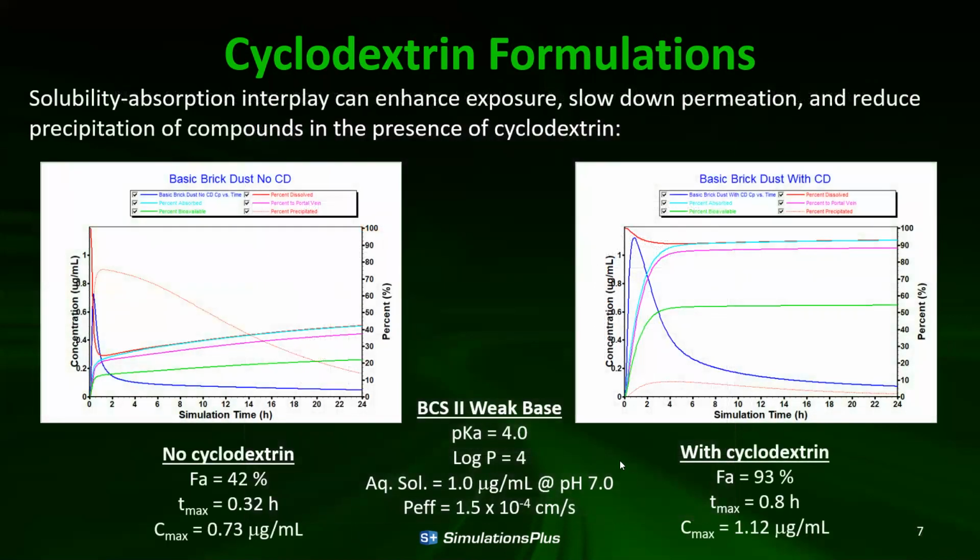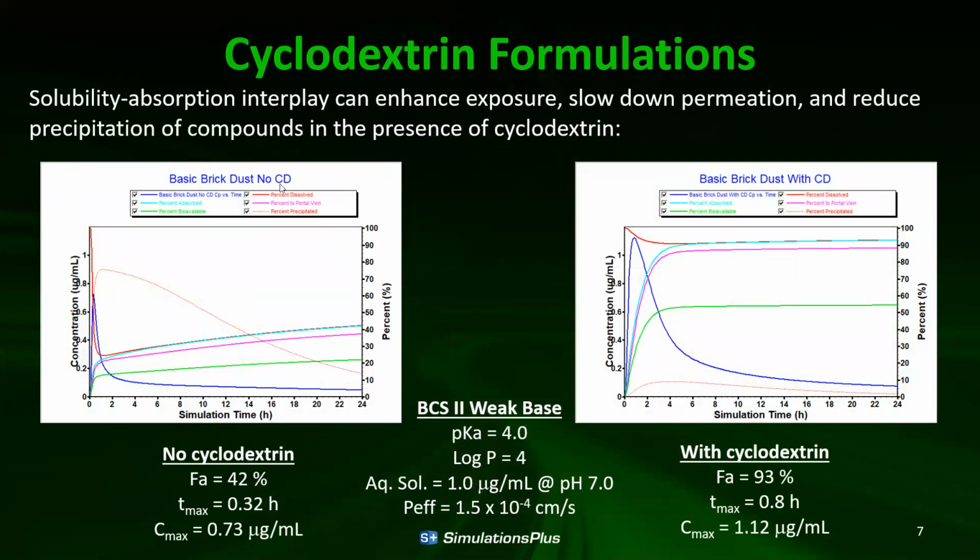So here we have a BCS class 2 weak base. A basic pKa of 4, a log P of 4, aqueous solubility of 1 microgram per mL at pH 7, and an effective permeability of 1.5 times 10 to the minus 4 centimeters per second. On the left-hand side, you can see that the cyclodextrin effect is not on.